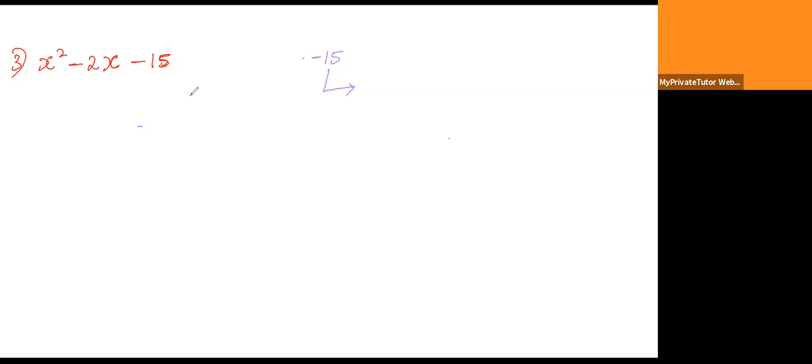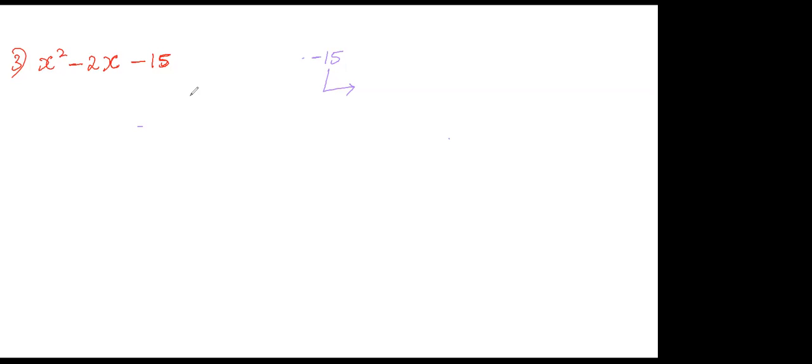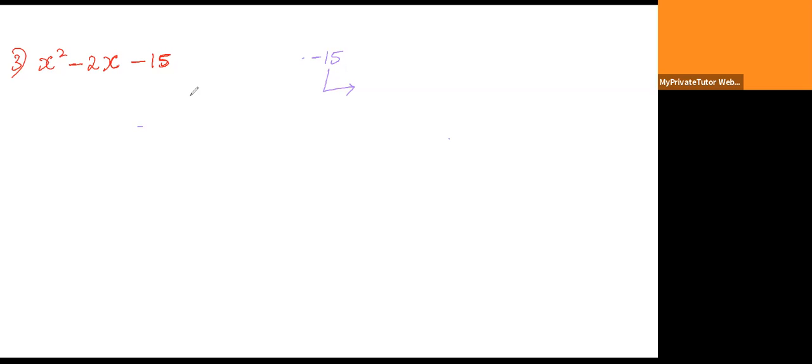Still almost there. But if you add, we'll get +2x, but we need -2x. So minus 5 plus 3, sorry. Yeah, 3 and minus 5. Very nice. Sultan, 3 comma minus 5. Please check, Sultan. It's 3 comma minus 5, not minus 3 comma 5. It is 3 and minus 5.